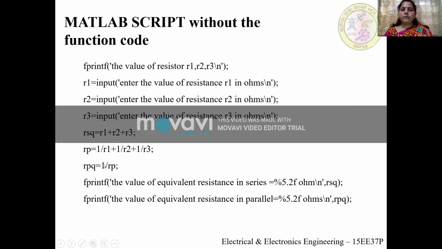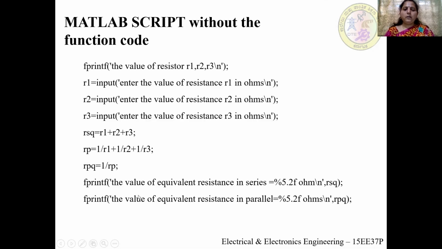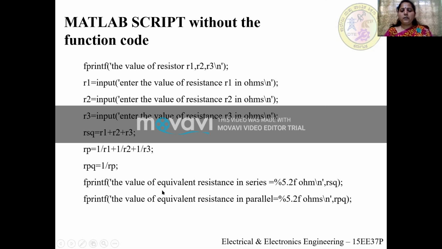So RPQ is equal to 1 over RP. The final value for equivalent resistance is going to be stored in a variable RPQ. Then using a printf statement, I'm going to display the result.